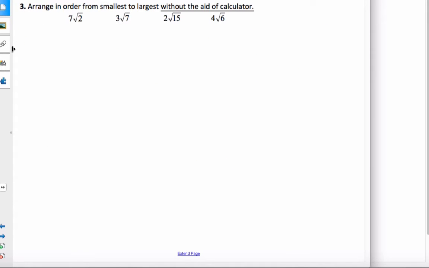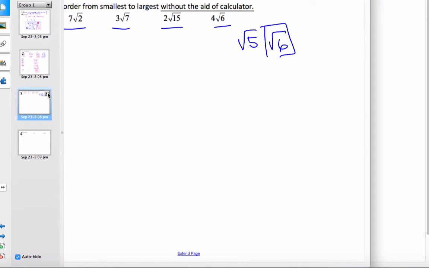Now we want to arrange in order from the smallest to the largest without the aid of a calculator. Well, the way these are now, I can't compare them. But what I do know is that I could compare root 5 to the square root of 6. This one is largest. So if I can make these all under the square root, then I'll be able to compare them.